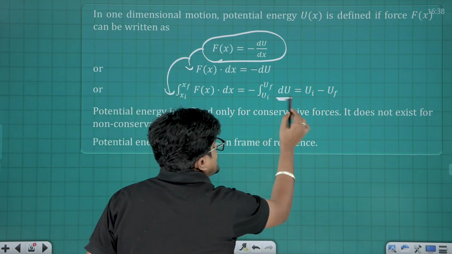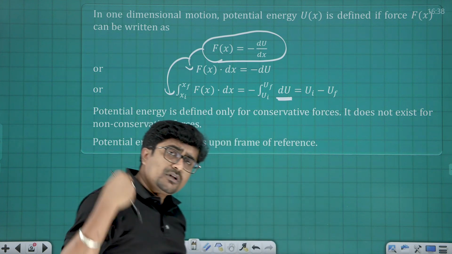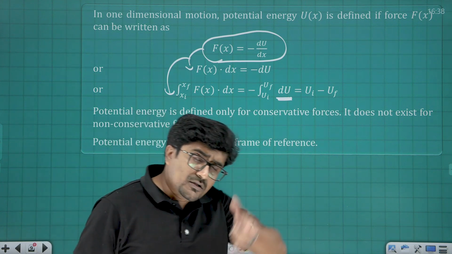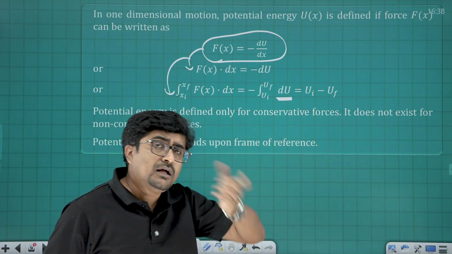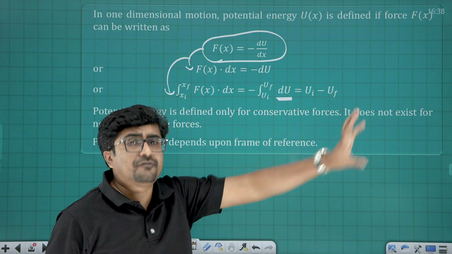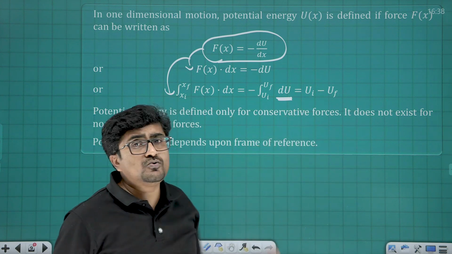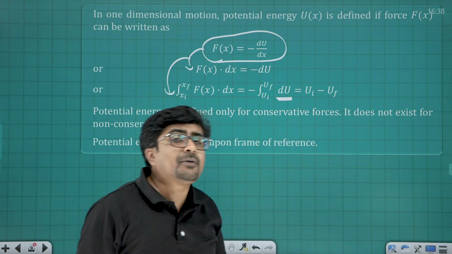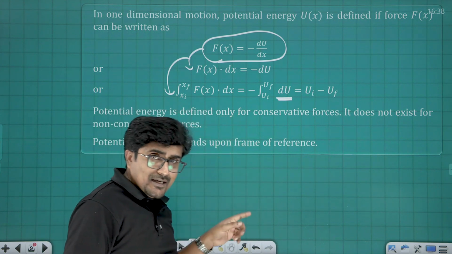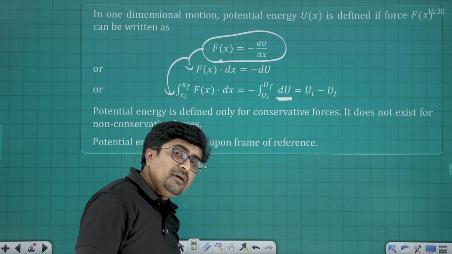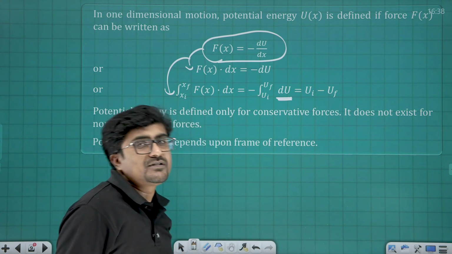This is du, a small change, and the integral of that is the total change. That means from x1 to x2, the total difference in potential energy, Uf minus Ui, is going to be minus the integral of F dot dx between the limits x1 to x2, or xi to xf. Both make the same sense.